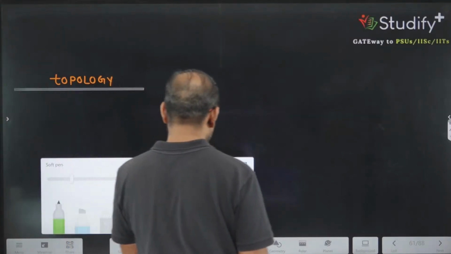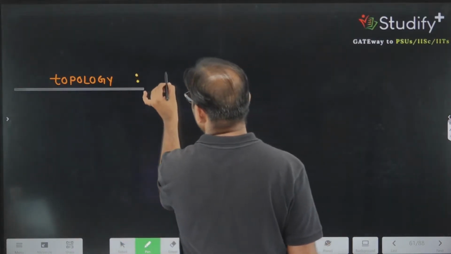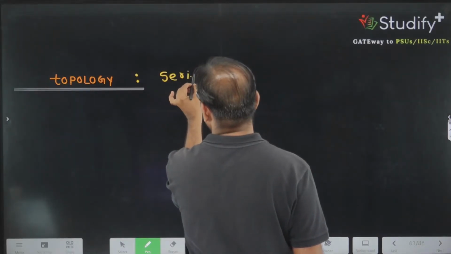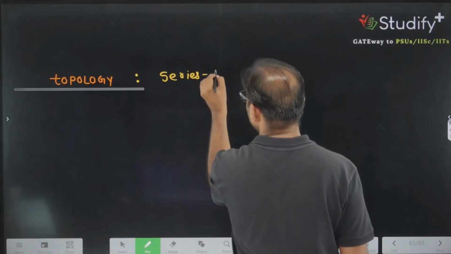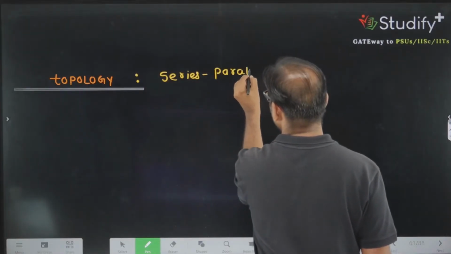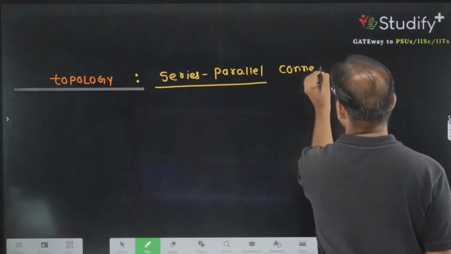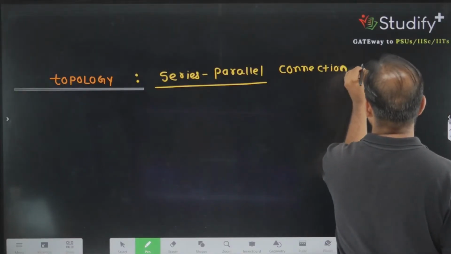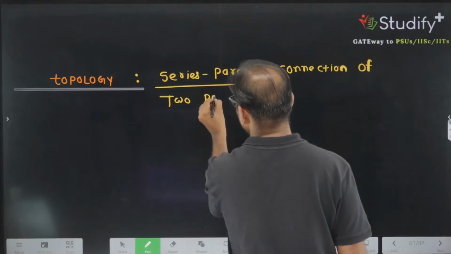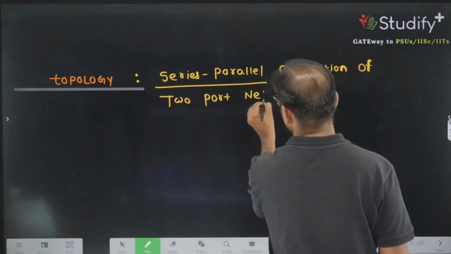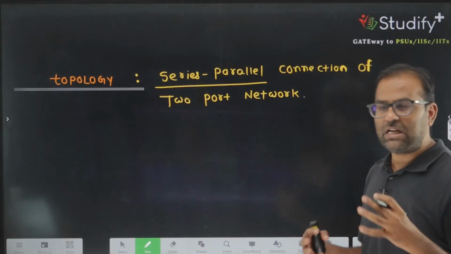So which topology can add h parameter? Series parallel connection of two-port networks can give you the additive effect.